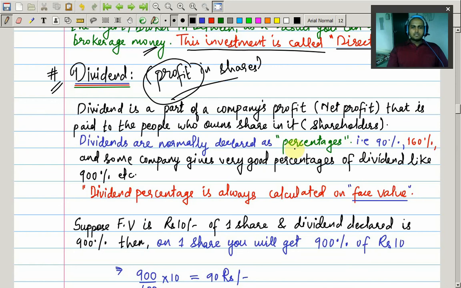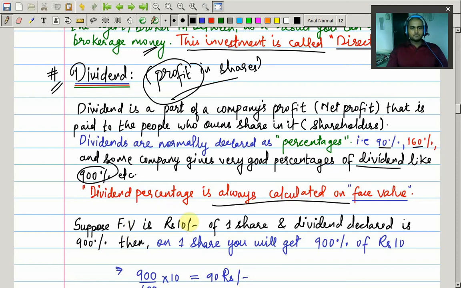Dividends are normally declared as percentages, that is 90%, 160%, and some good companies declare their dividends like 900%. Dividend percentage is always calculated on face value. It's not calculated on market value.